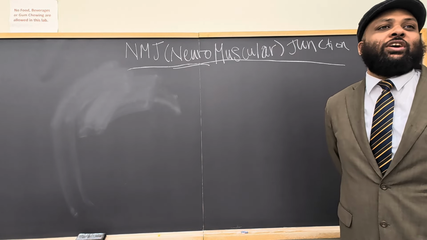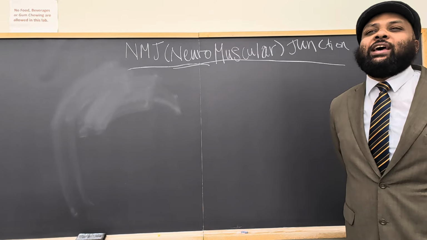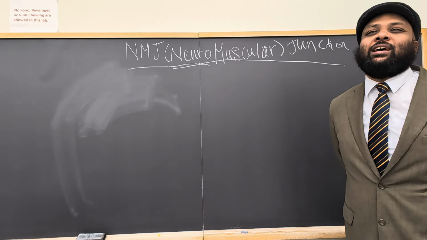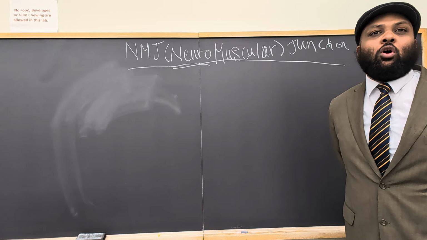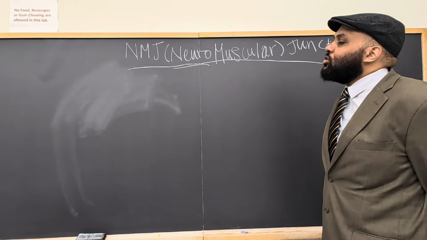Heard about that? Raise your hand. You guys went over that in lecture? When is the exam? Monday. Did you go over the neuromuscular junction? Yes. Okay. So what happens in the neuromuscular junction?